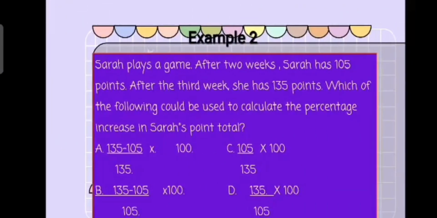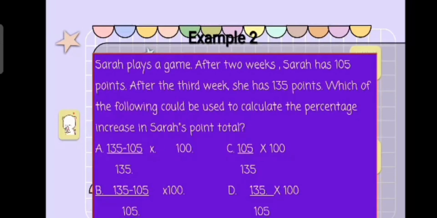Next, example number 2. Sarah plays a game. After 2 weeks, Sarah has 105 points. After the 3rd week, she has 135 points. Which of the following could be used to calculate the percentage increase in Sarah's point total?